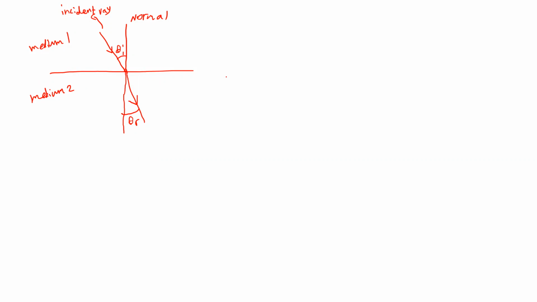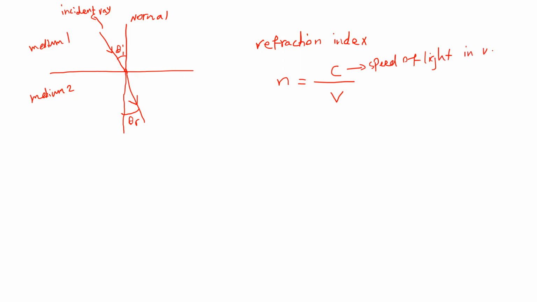The refraction index, which we denote by n, is defined as c divided by v. c is the speed of light in vacuum, and v is the speed of light in the medium that we want to study.